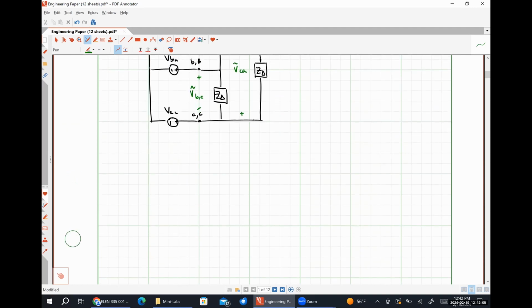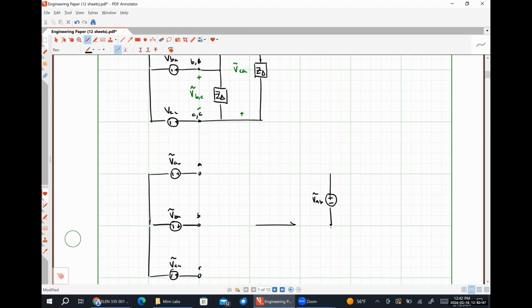So we found that to go from this representation, A, B, and C, to this representation, so those should definitely be on the other side.